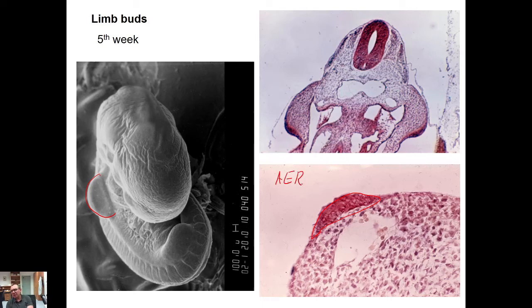Apical ectodermal ridge is a thickening of the ectoderm, and it is the inducing center of the whole ridge, or later bud, because this epithelium here secretes molecules, mostly fibroblast growth factors, which are important for proliferation and later differentiation of mesenchyme here. The origin of mesenchyme in limb ridge or bud is lateral plate, and of course it's somatic layer, which is connected with the ectoderm, so somatic layer of lateral plate.